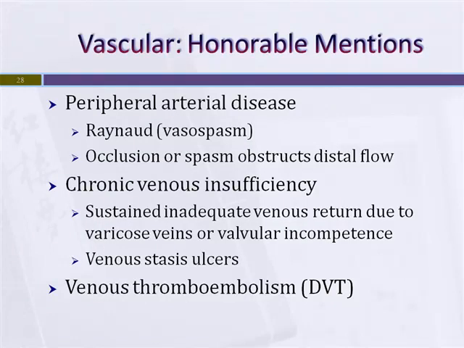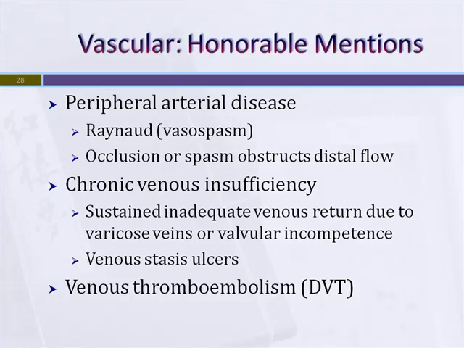Just a couple of other things to add here under vascular. Peripheral arterial disease has a number of causes. The biggest one is atherosclerosis, but Raynaud's disease is another cause of peripheral arterial disease, where you have vasospasms of the arteries.